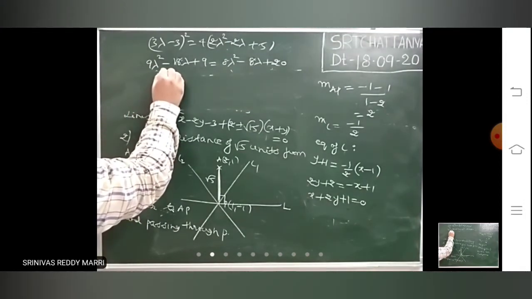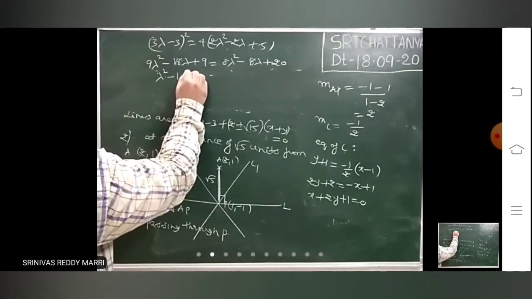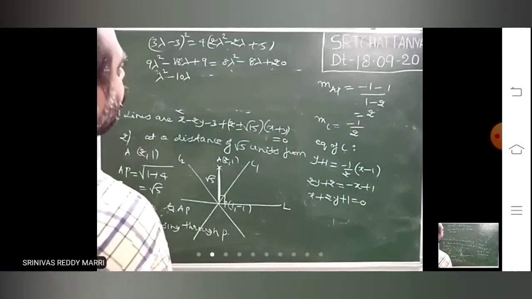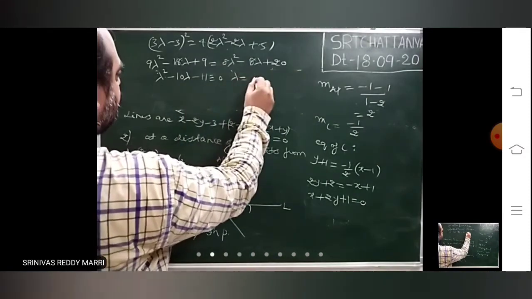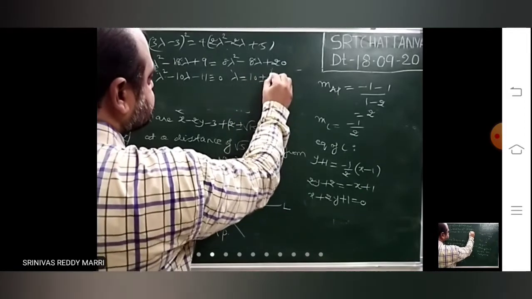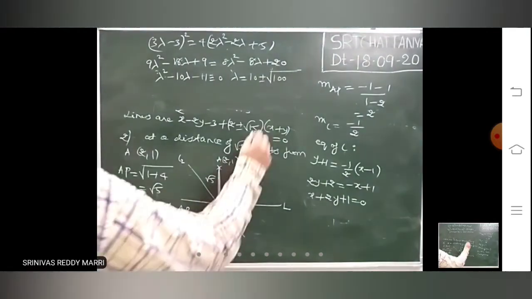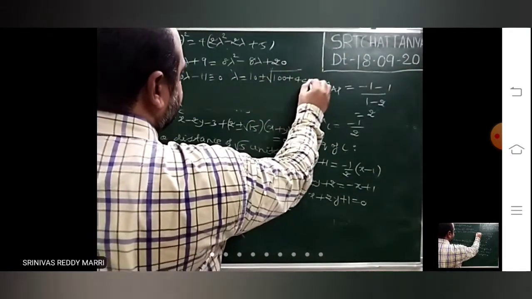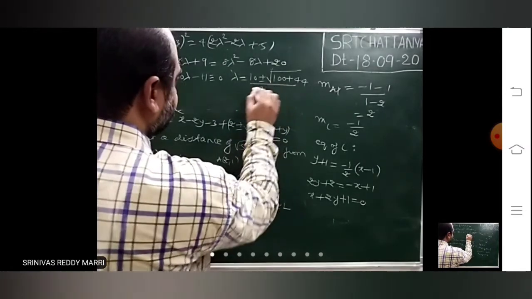So lambda square minus 10 lambda equals 10 plus or minus root of 100 plus 44 divided by 2.